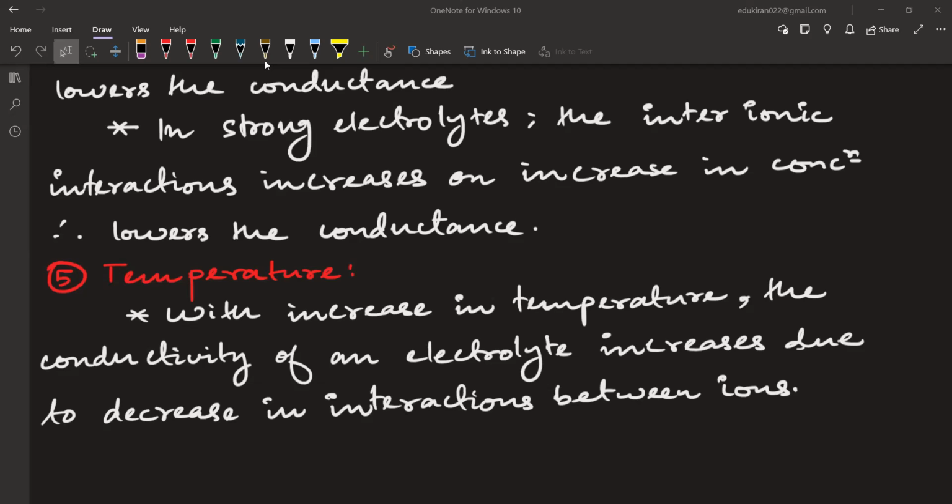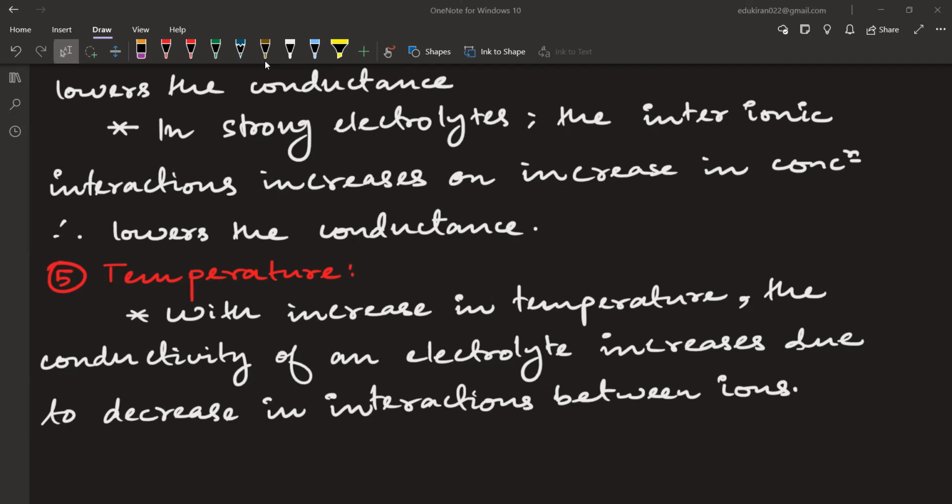So now we have talked about how the conductance is affected by different factors. Now we will talk about the meat of the topic, that is electrolytic conductance. In that we will revise Ohm's law, resistance, resistivity, specific resistance, conductance, conductivity, all of these things with their units.